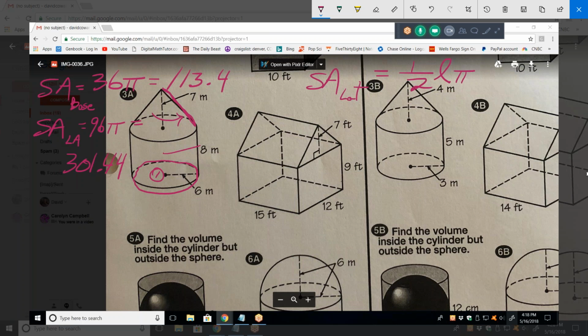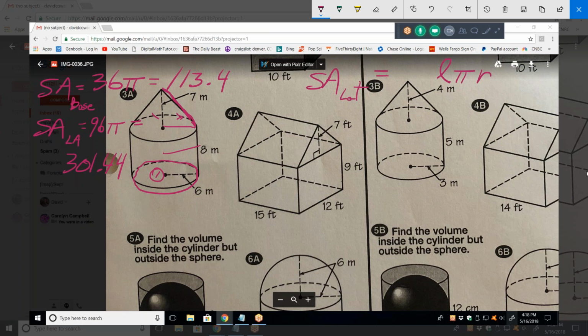Oh, here we go. It's pi r squared plus pi r lambda. I was almost right. It's pi r lambda. It's not 1/2. Now, we don't know lambda, but we do know we're looking at a right triangle, like that.